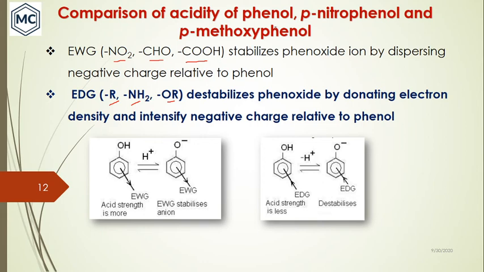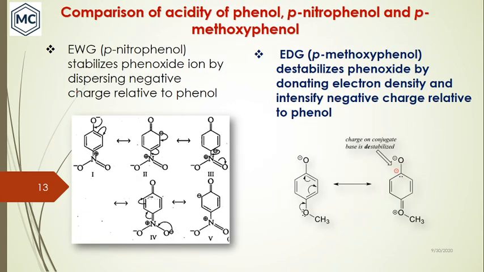In the case of para-nitrophenol, if you have an electron withdrawing group, it can increase the acidity, and when you have an electron donating group, it can decrease acidity relative to phenol. This can be more evident from the resonance structures. When you have an electron withdrawing group, as in para-nitrophenol, it stabilizes the phenoxide ion by dispersing the negative charge relative to phenol.